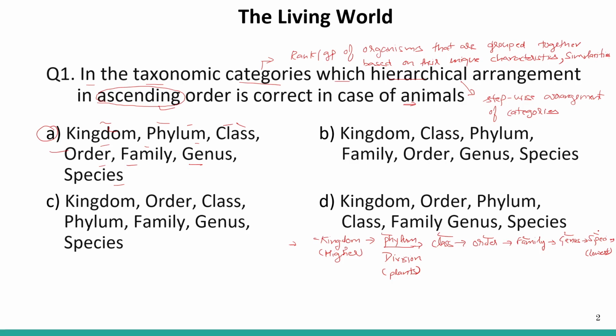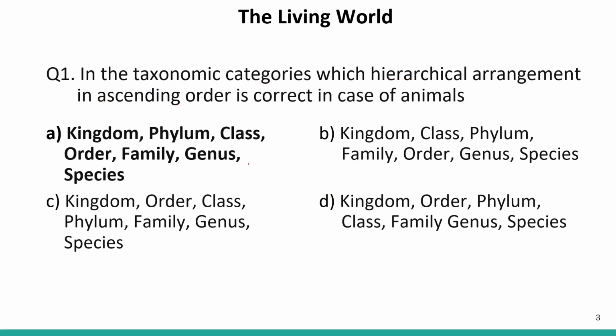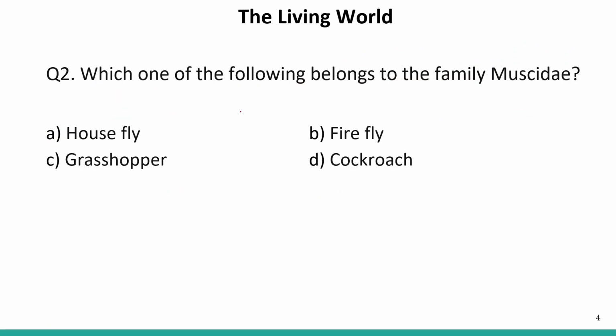Let's look at the other options. Kingdom and again class, this is wrong, it should be phylum. Then kingdom and order, again wrong. So all the other options are not correct. Option A is the correct answer for this question.